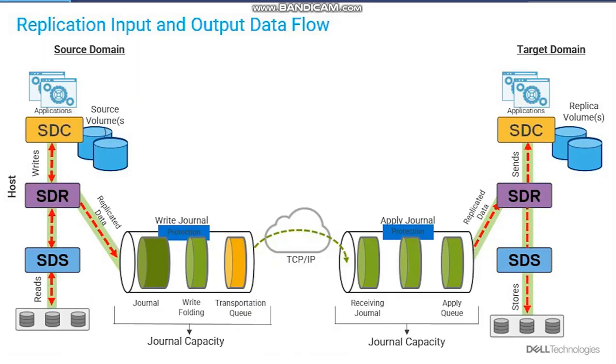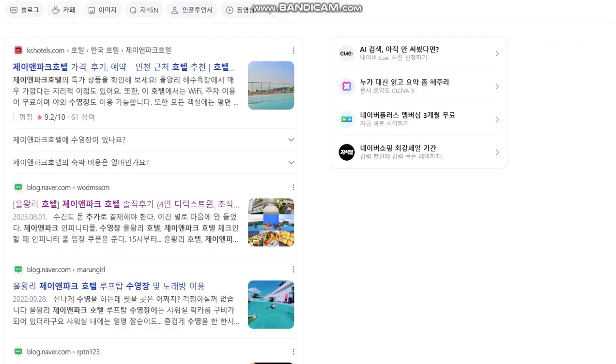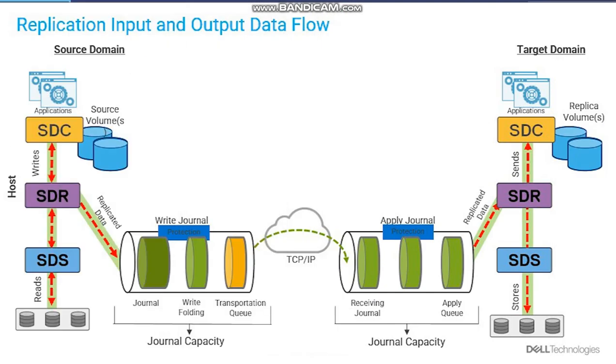Journal Capacity is used in a PowerFlex replication implementation. The source domain or source protection domain for the PowerFlex cluster is managed and operated by PowerFlex Manager. Once the SDR or storage data replication node is executed in the source domain, it provides the data from the source to a write journal that in turn sends the data to an apply journal through a TCP/IP connection.